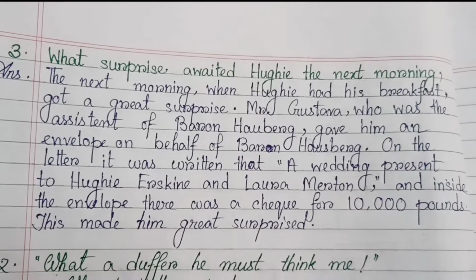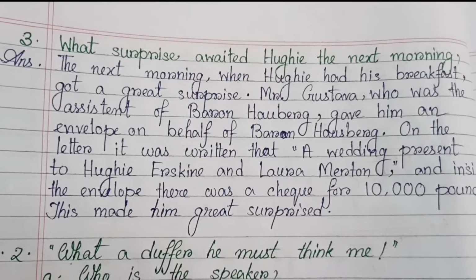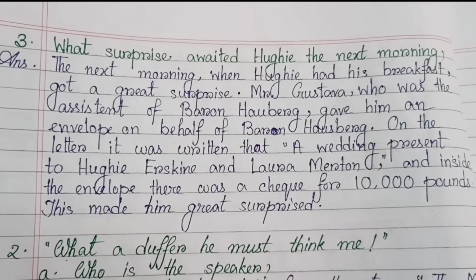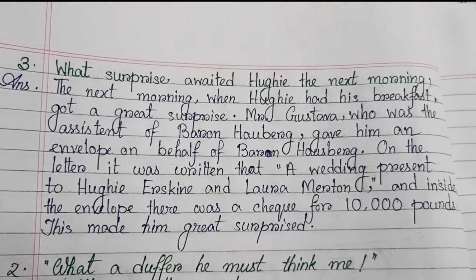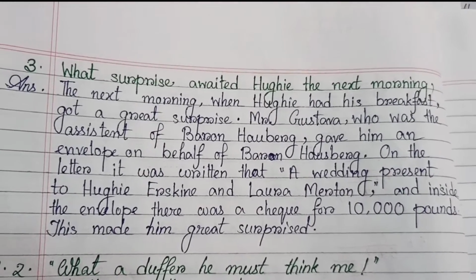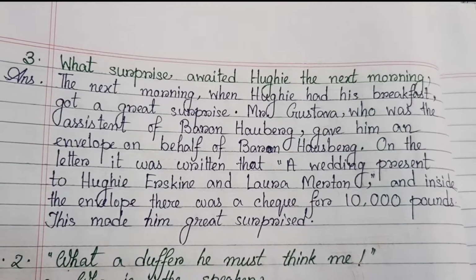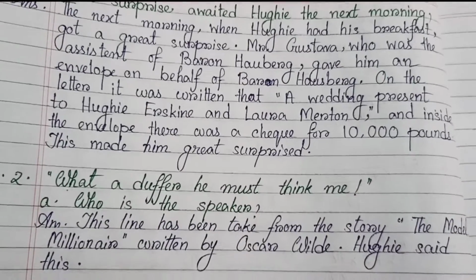Mr. Gustava, who was the assistant of Baron Hausberg, gave him an envelope on behalf of Baron Hausberg. On the letter, it was written that it was a wedding present to Hughie Erskine and Laura Martin, and inside the envelope there was a check for £10,000. This made him greatly surprised.